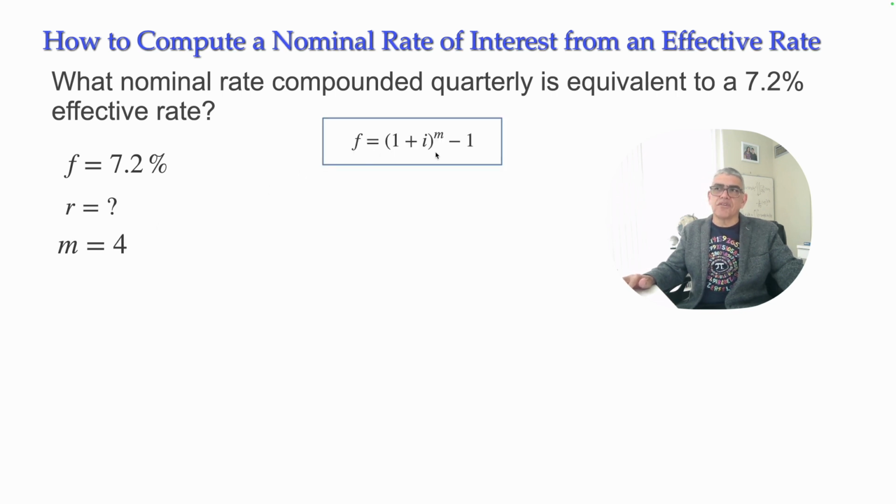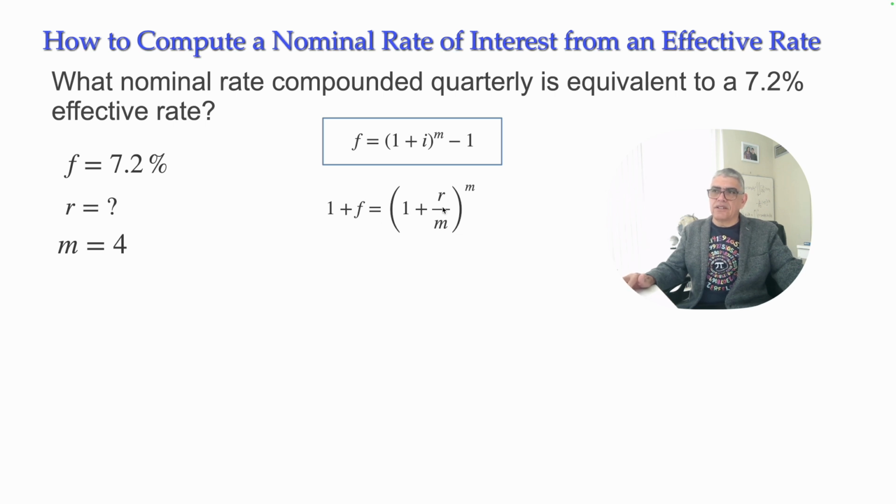And then you start from the formula, so you know that this minus 1 can be written on the other side as positive 1 plus. So you can add 1 to both sides of the equation, and you get 1 plus F equals (1 plus R over M) to the power M. Then this addition is always easy. This F is 0.072. Adding 1 will be 1.072.